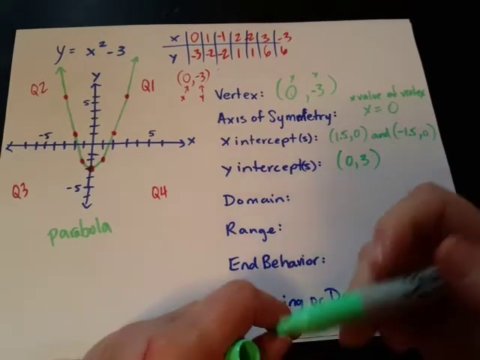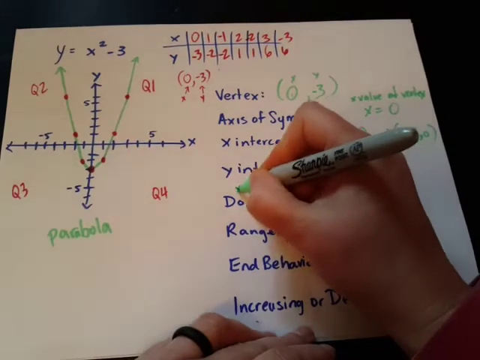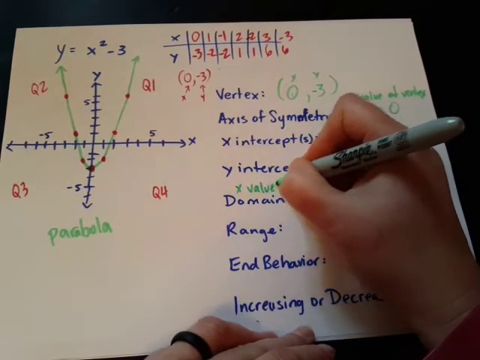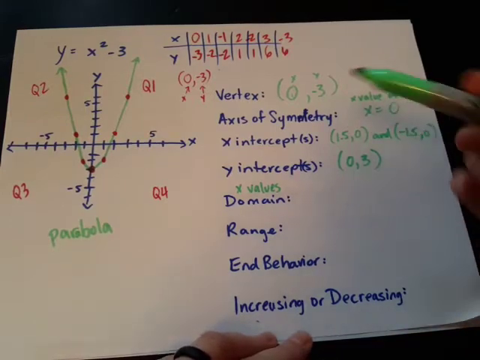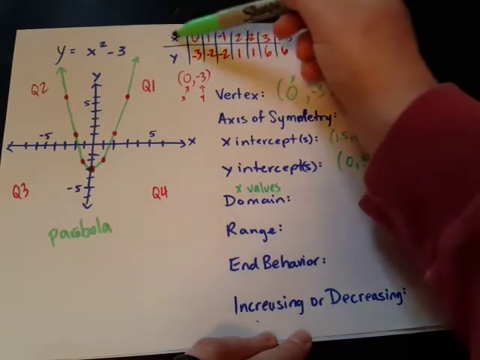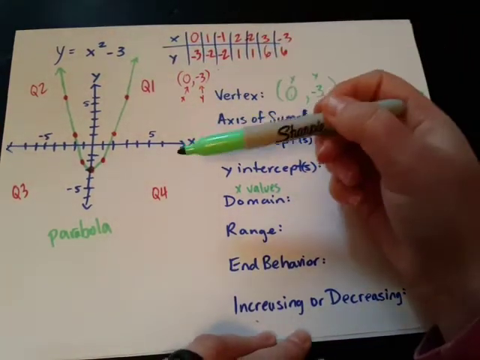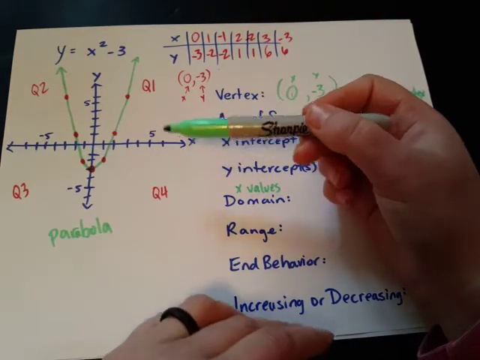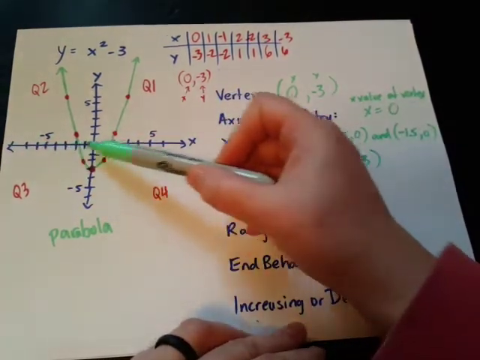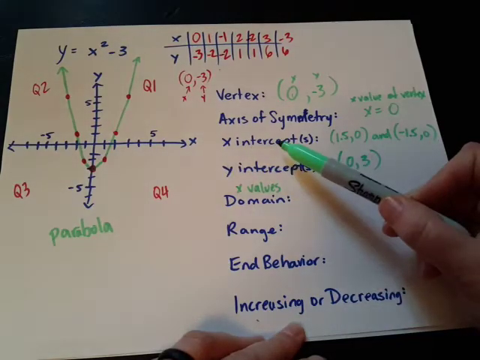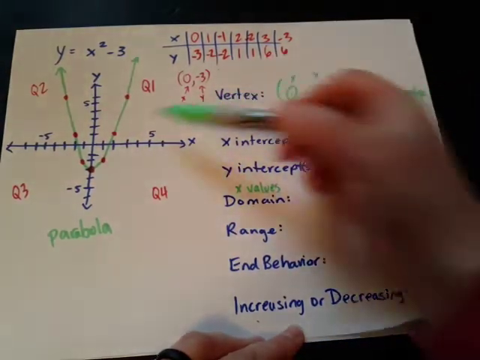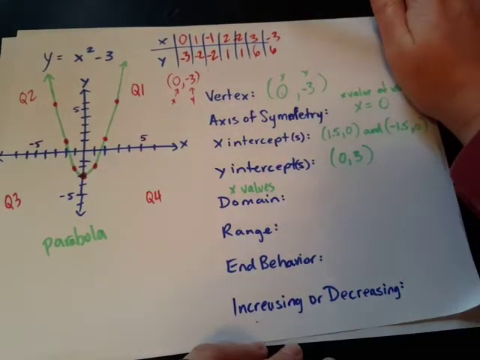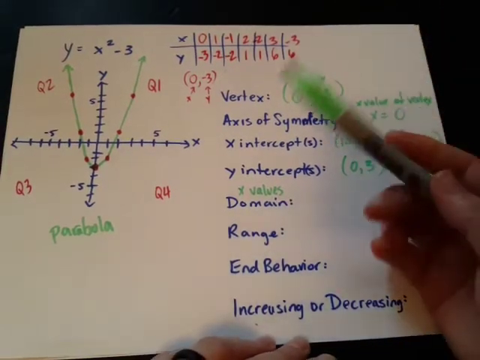The domain. Domain is all the x values that are contained within this function. So what values of x could we put into the function and actually get a real answer out? Basically we could put any possible number in, all the way to a positive 1,000,000 and all the way down to negative 1,000,000 and 0. Every possible number for x works.